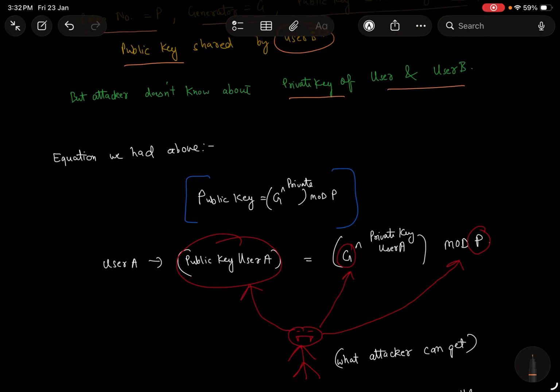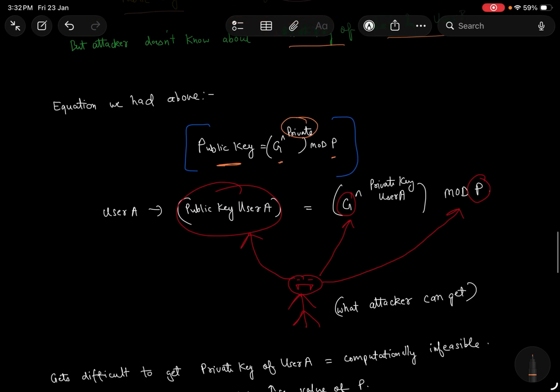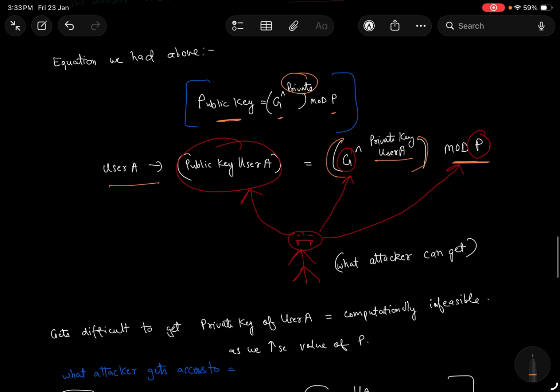So as we saw above, we had an equation to compute the public key. G was a fixed value, P was a fixed value, and the private value was never exposed. So for example, for user A's public key computation, we did G to the power of the private key of user A, and then whatever value we got, we did a mod with P. Let's say our attacker is here.